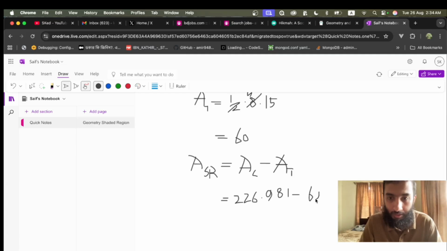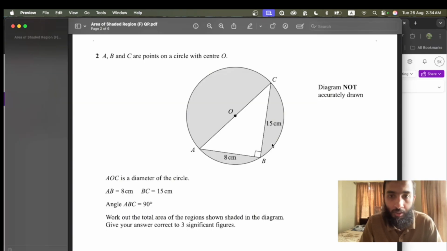The area of the triangle is 60. So this is 166.981. So this is roughly the total shaded region that was required to figure out.